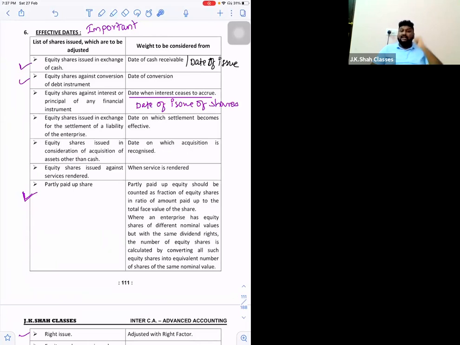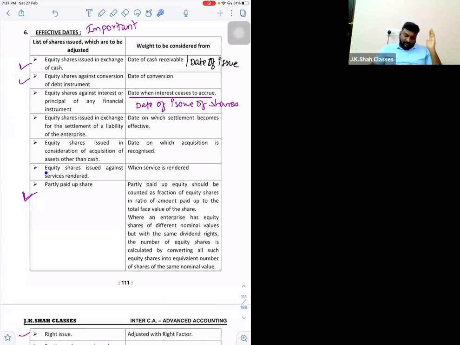Date on which acquisition is recognized. Acquisition recognized means when the asset is recorded in the books. The date on which you record the asset in the books, technically on that day only you will issue your shares, because your journal entry will be asset account debit to equity share capital account. Yes or no? So technically the date of recognition of the asset and date of issue of shares will be one and the same.